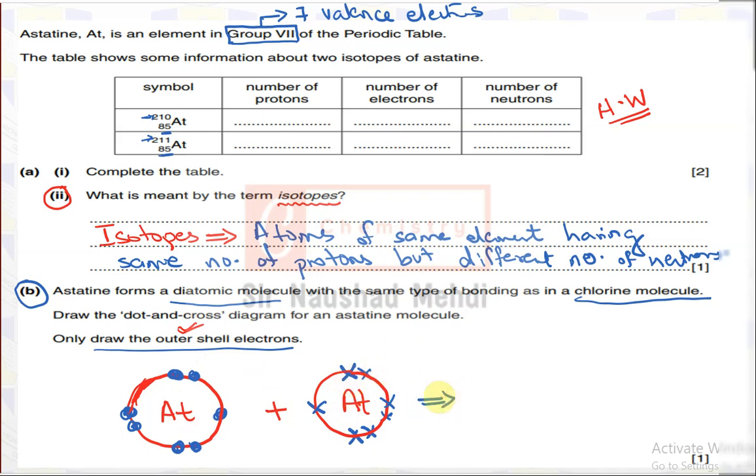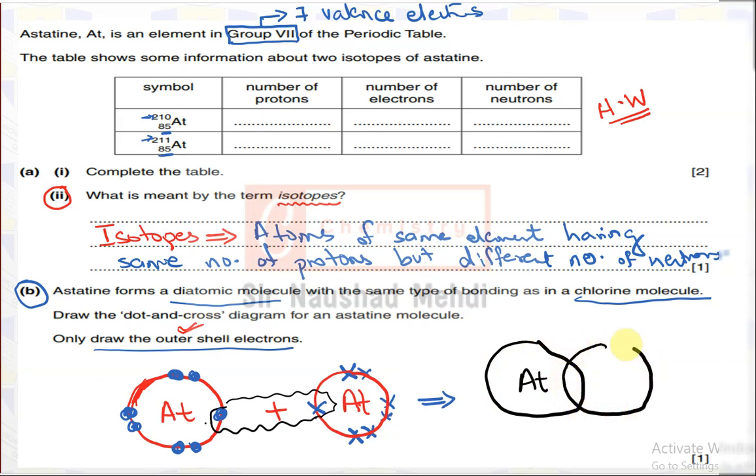So what will happen? They both will share 1 electron each, so they share these 2 electrons. This astatine shares its electron with the other astatine, and the other shares its electron with this one. They will overlap with each other, so you have to draw the diagram as an overlapping diagram.